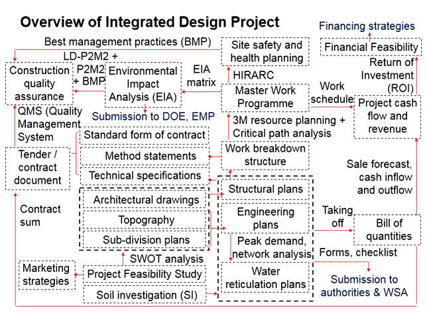A bill of quantities is a document used in the tendering process for a development project in the construction industry, where the materials, parts, and labour are itemized, inviting the contractors to bid for the project. In order to produce the bills of quantities, you will need to refer to the relevant plans: the structural plan, engineering plans, water reticulation plans, and so on.